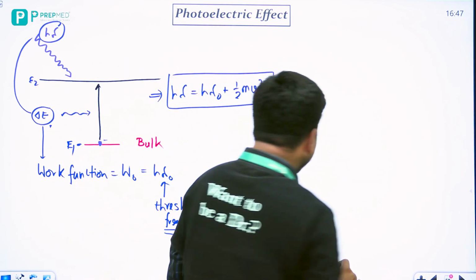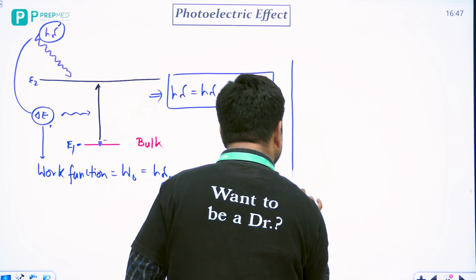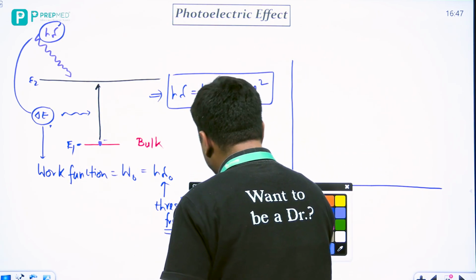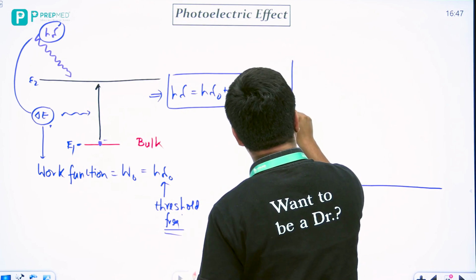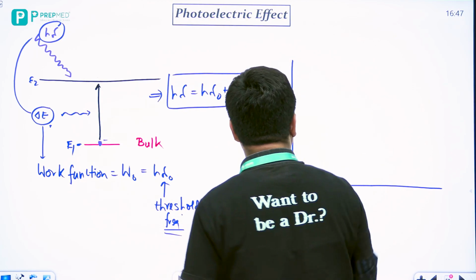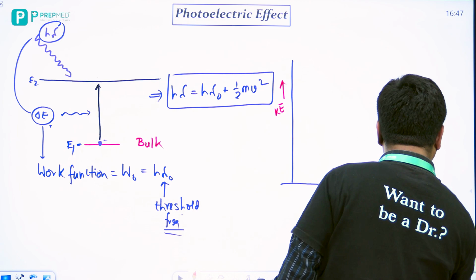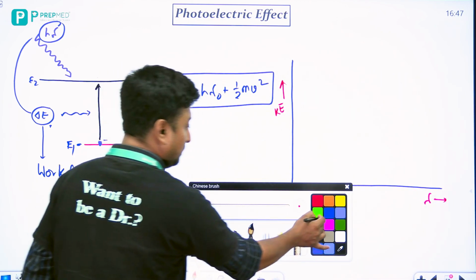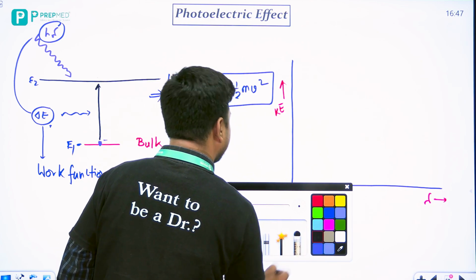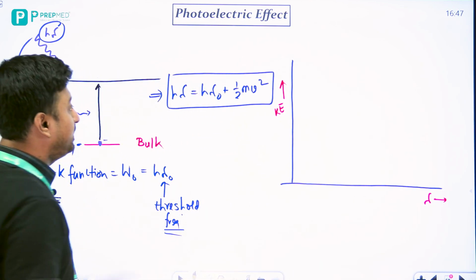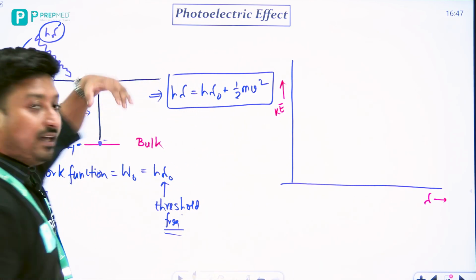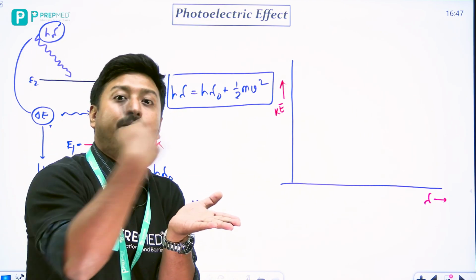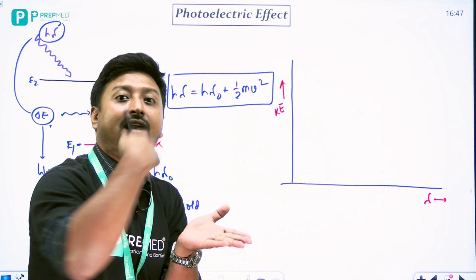Now if I want to draw a graph here, the axes will be the kinetic energy of the electron and the incident frequency. It's very simple and very interesting also. When you give radiation, after some time the electrons get emitted.